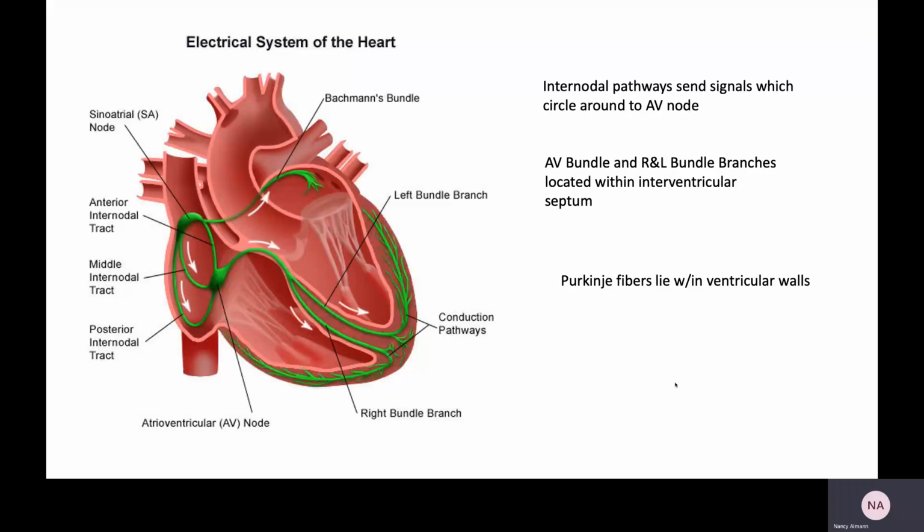This shows you a simplified diagram of the cardiac conduction system. SA node to the internodal tracts, to the AV node, to the bundle of His, to the right and left bundle branches, to the Purkinje fibers.